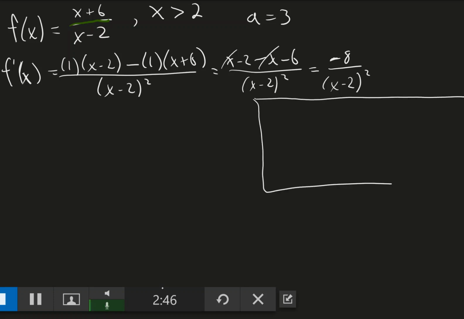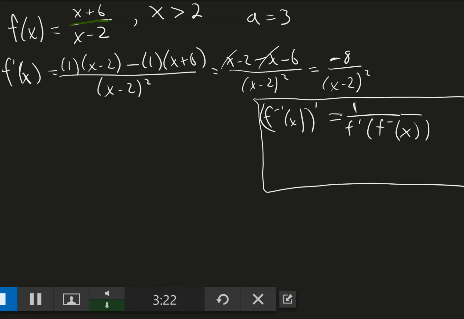What we need to have memorized is that the derivative of an inverse function is going to be 1 over the derivative of that function, with the inverse function of x plugged into that.